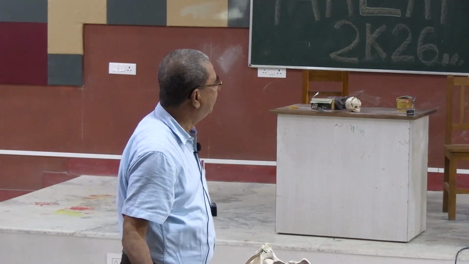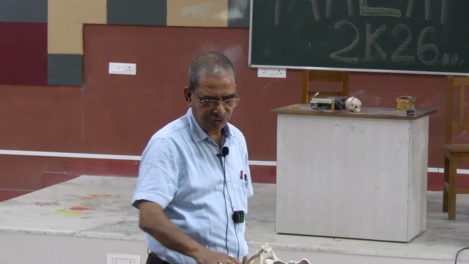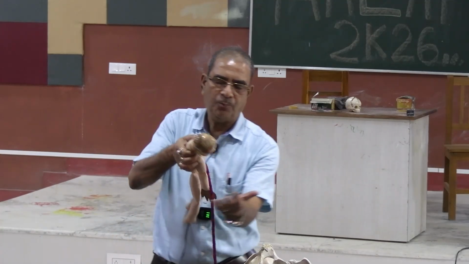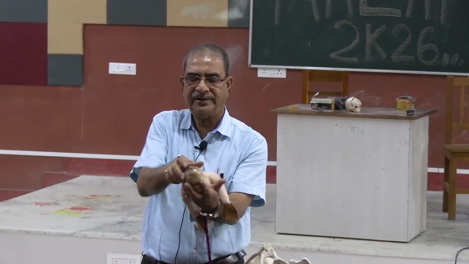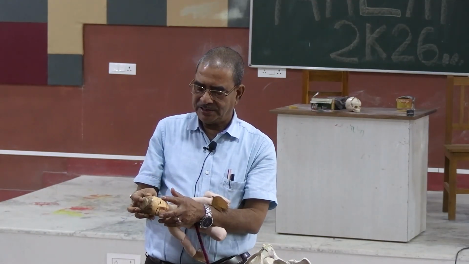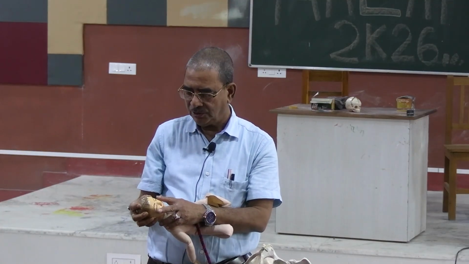What is Mauriceau-Smellie-Veit technique? That is jaw flexion, shoulder traction. Jaw flexion: you place the fetus over the left hand. This is the maxilla. Put your finger over there.